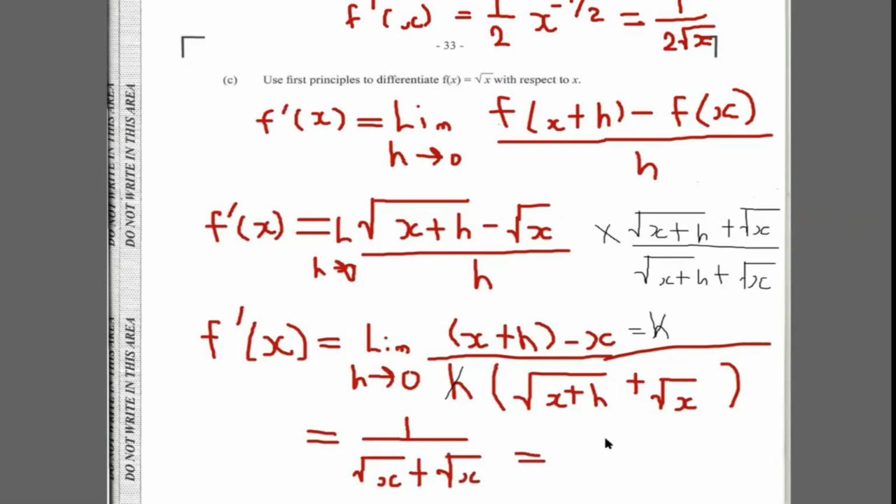When you add them, you get 1 over 2 root x.